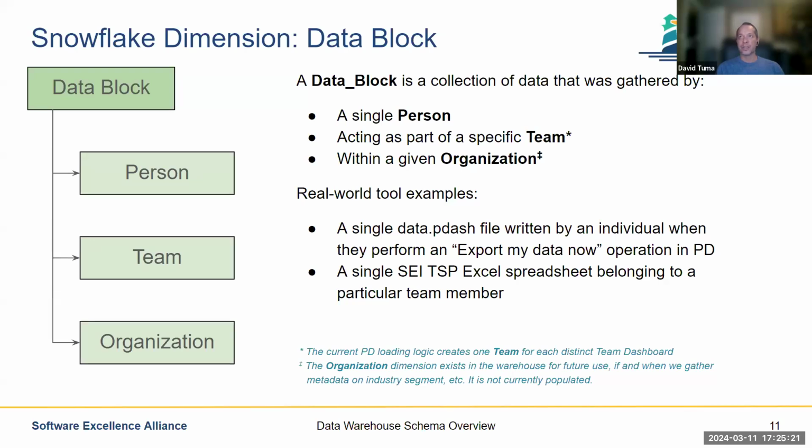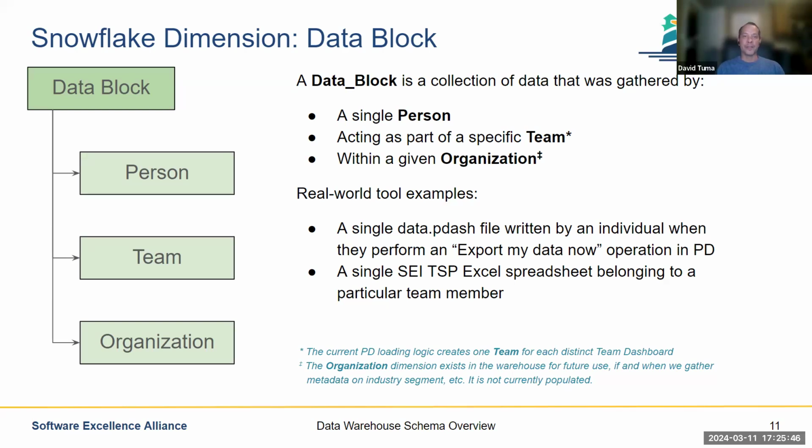One is that when you're in the process dashboard and you click the export my data now menu item, it bundles up all of your personal data and writes it out into the team area as a P-dash file.